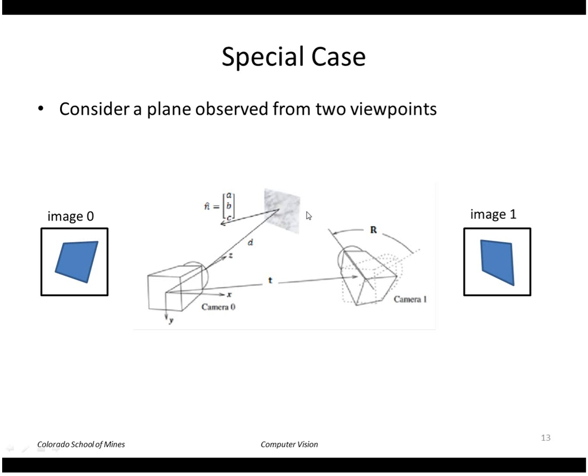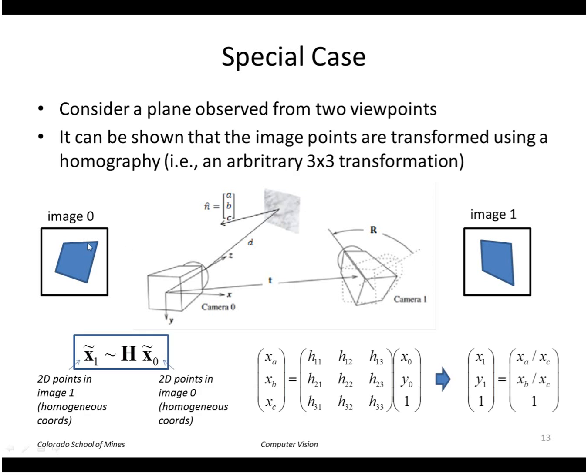In this case, and I'm not going to derive it here, if you want to relate points in the first image, image 0, to image 1, those can be related by a homography, which is a 3 by 3 transformation or 3 by 3 matrix like this. It's in homogeneous coordinates, so we have to divide through by that third element. This is very useful because it's a very strong constraint on the relationship of these points to these points. And I show this in a separate slide presentation.